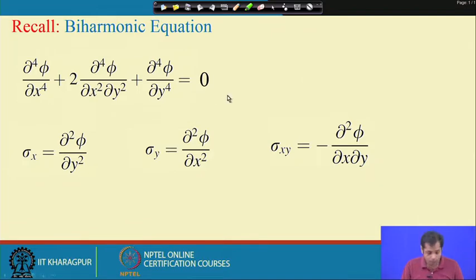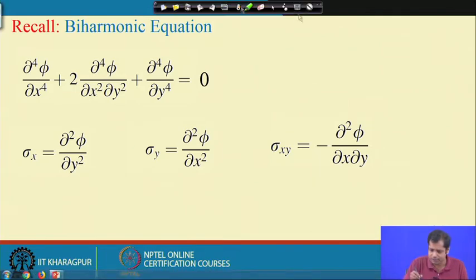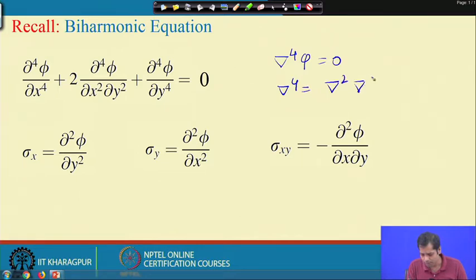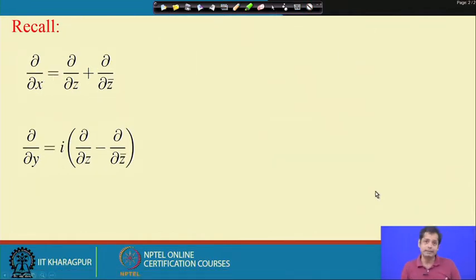Okay. Now, the biharmonic equation can be written like this, right. So, this equation is essentially del 4 phi is equal to 0, okay. And del 4 phi is essentially del 2 of del 2 phi, where del 2 is the Laplacian operator, right. Now you recall these are the relations between del x and del z and del z bar.